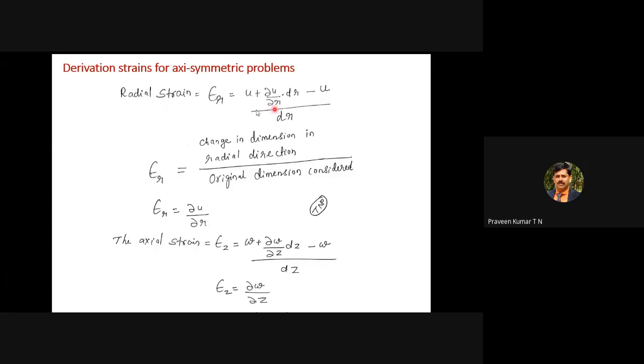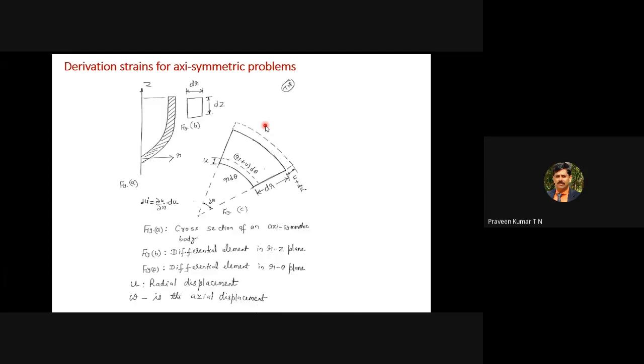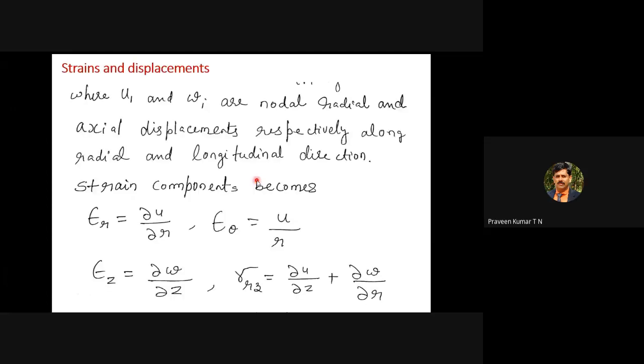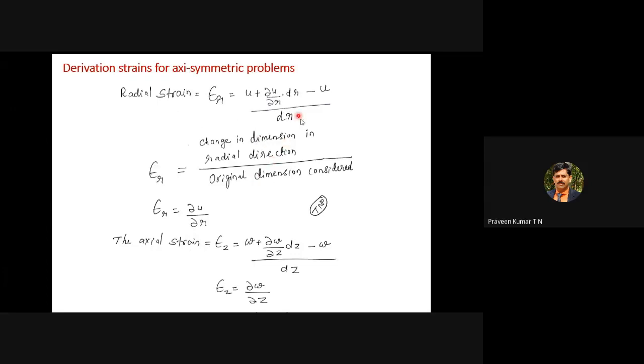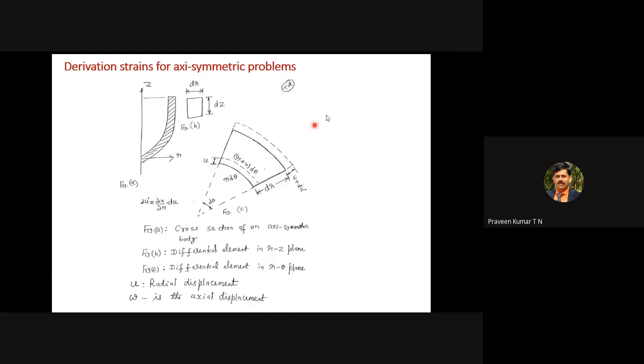Now the radial strain is the change in dimension along the radial direction divided by the original dimension. The original dimension in the radial direction is nothing but the thickness of the wall, which is dr. The change in dimension along the radial direction: the original dimension is dr, and the final dimension is dr plus du.